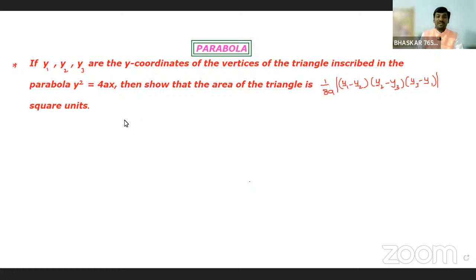Okay, so what is given here? What is given in the question?